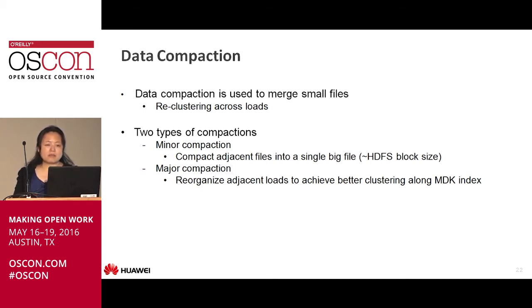Two types of compaction are supported. One is minor compaction, which only compacts adjacent files into a single big file, with the size of an HDFS block. Major compaction, on the other hand, is a way for you to reorganize adjacent loads, maybe multiple partitions, to achieve better clustering along the MDK index.